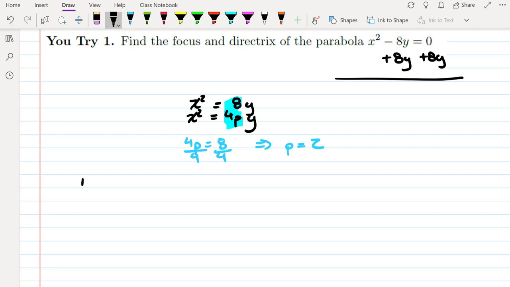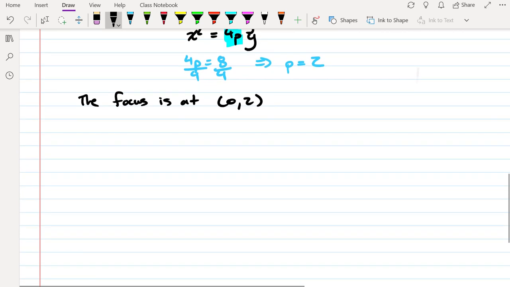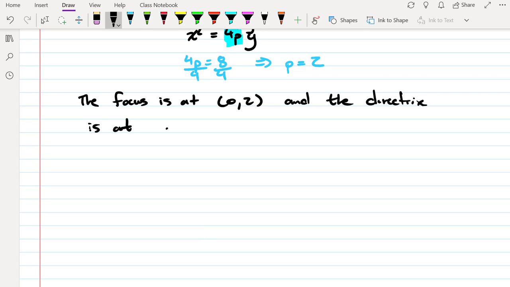So the focus is at (0, 2), and the directrix is at y equals negative 2.